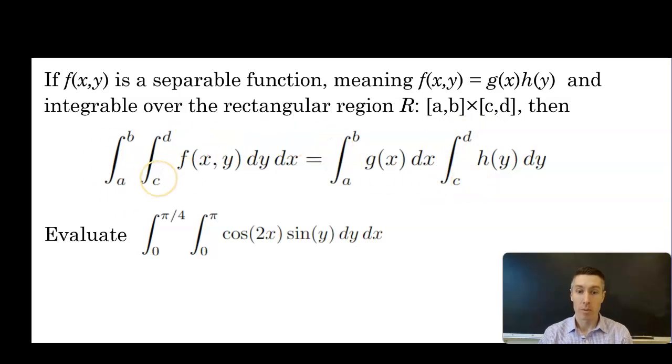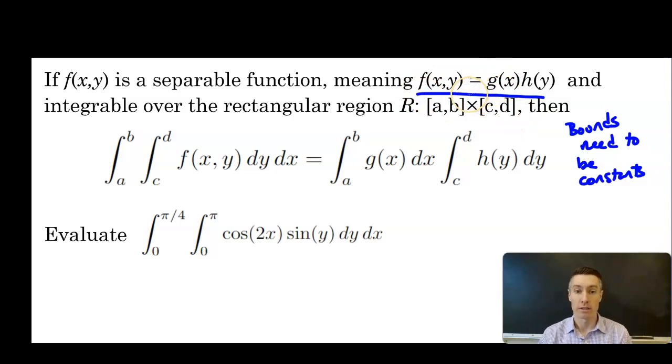Our bounds have to be constants. And this fact has to be true about the function, that it can be expressed as the product of two functions. So I think this makes a little more sense when we put an actual example underneath.